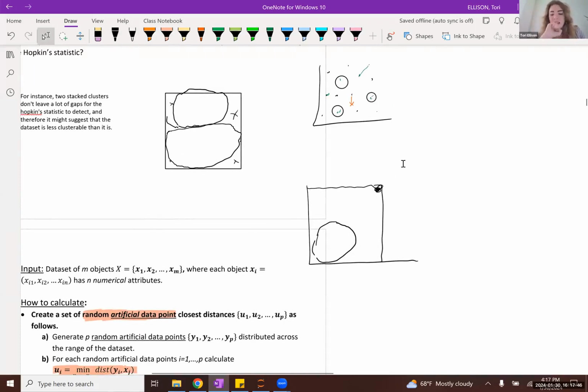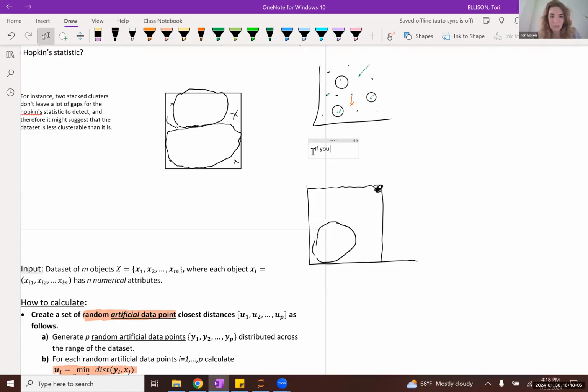So now, and again, you'd want to think about, do you actually consider this to be a clusterable data set or not? Do you consider this outlier to be a cluster? And do you consider basically every other point to be its own cluster? If the answer is no, then unfortunately the Hopkins statistic is going to fail in this case.